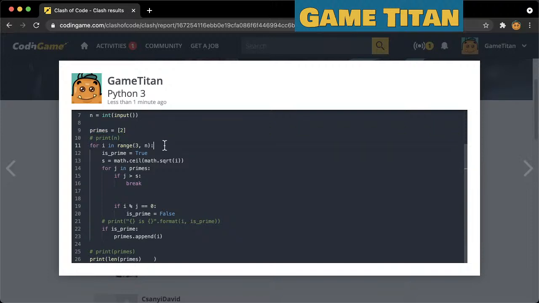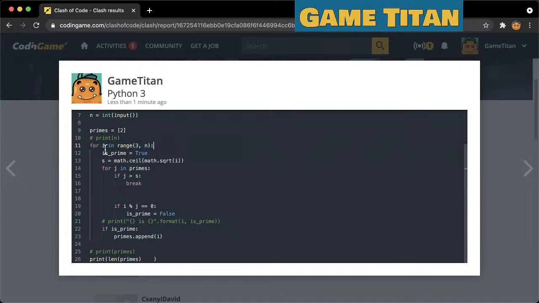Another incorrect assumption is that this loop is only going to go from 3 to 1 less than n, the way that Python works. It'll go to 1 less than the number, which might actually be okay.